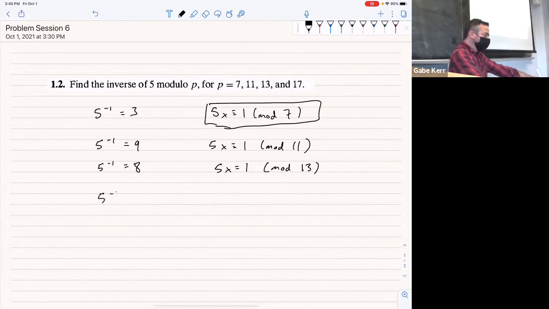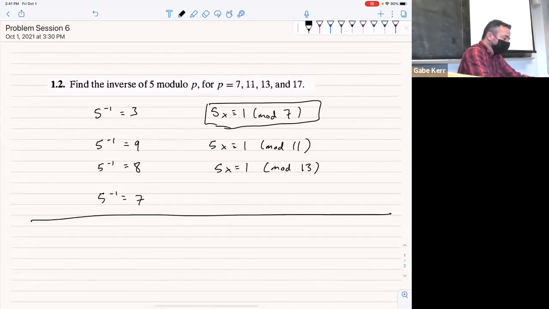So I like 5 inverse equals 7. You could have done that, and then you could have squared it, and you'd come around to it. But what you're looking for is the solution to these equations, the x that solves these equations. That's the multiplicative inverse.